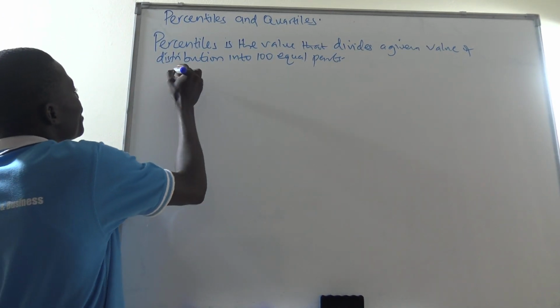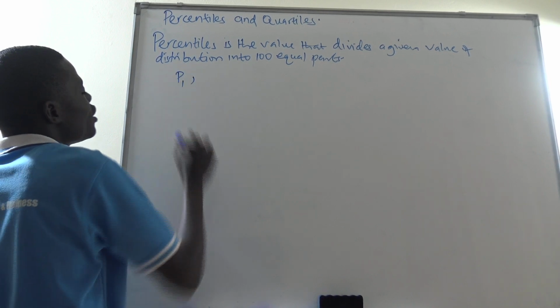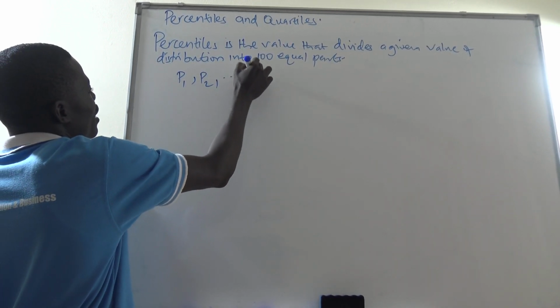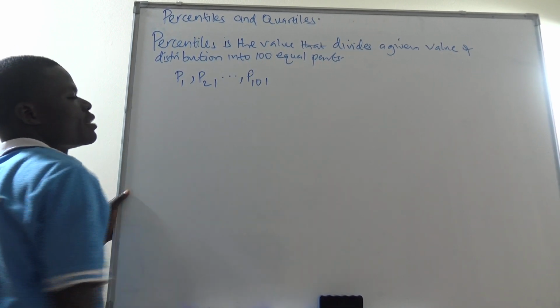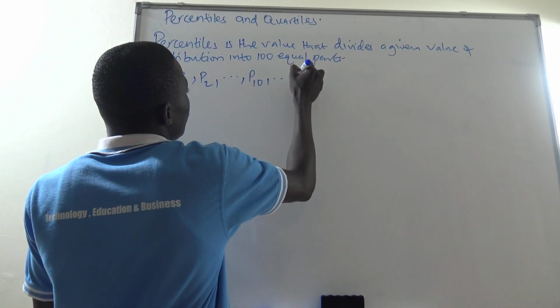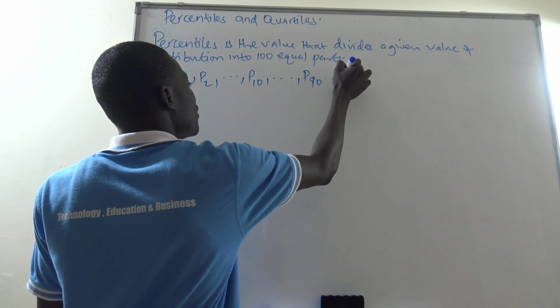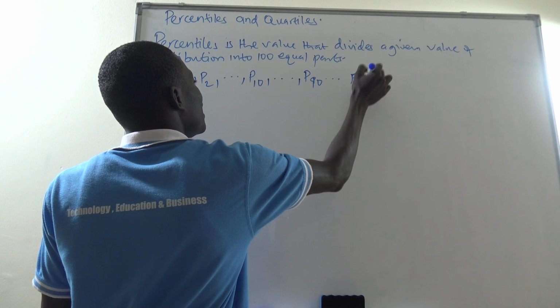We have percentile P1, which is the first percentile, P2, you can even go up to P10, which is the 10th percentile, up to P90, which is the 90th percentile, up to, let me say, P99.